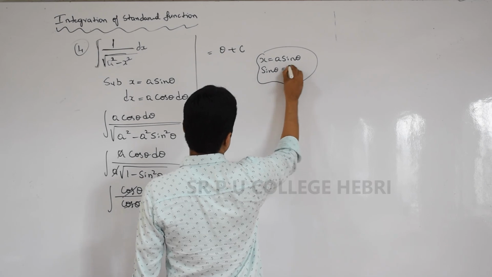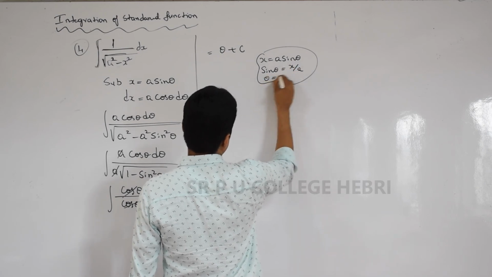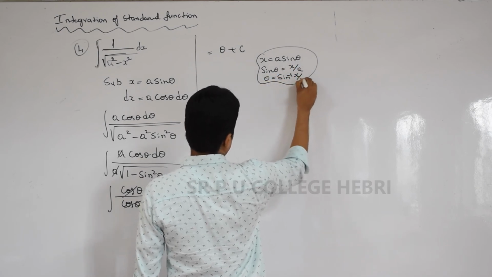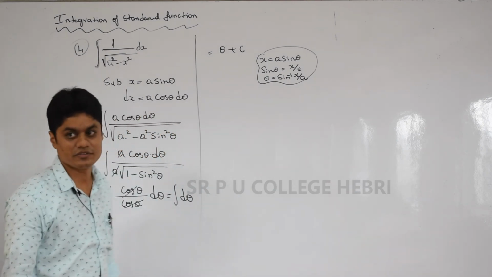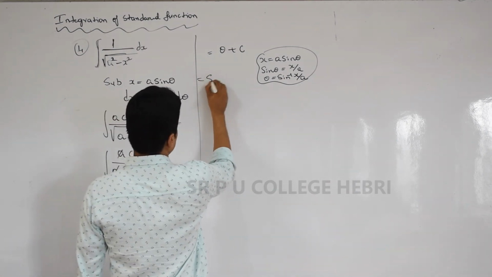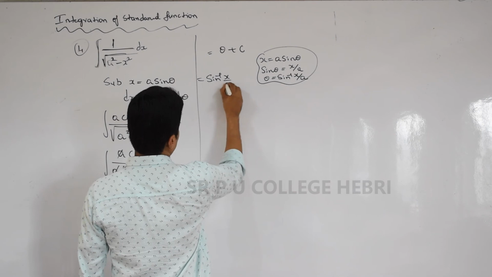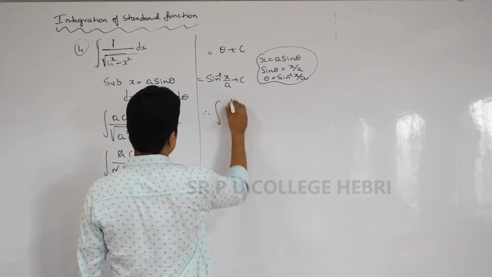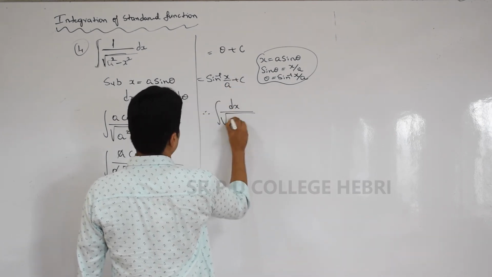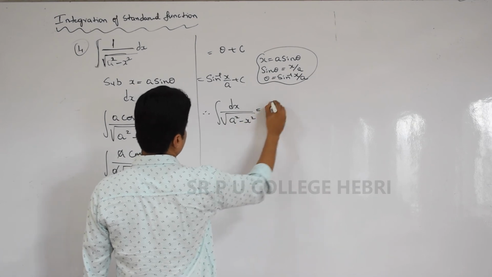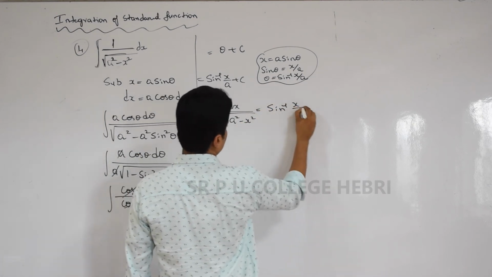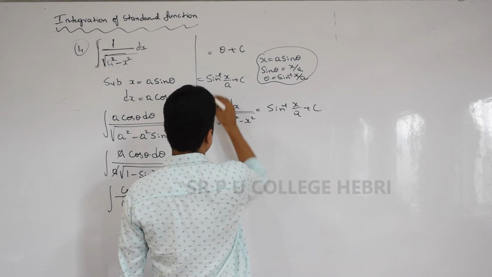Sin theta is equal to x by a. Theta is equal to sin inverse of x by a. So substitute here: theta is equal to sin inverse of x by a plus c. That's it. So integration of 1 by root of a square minus x square is sin inverse of x by a plus c. So one more formula derived.